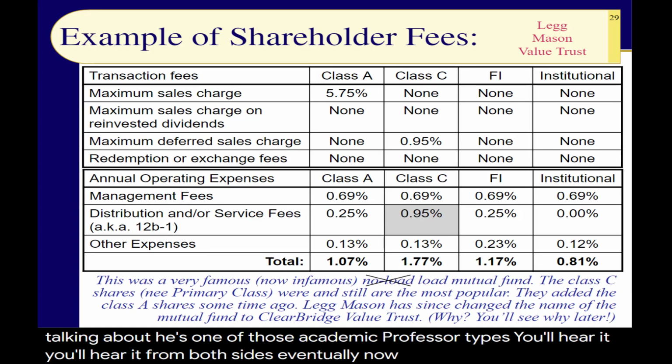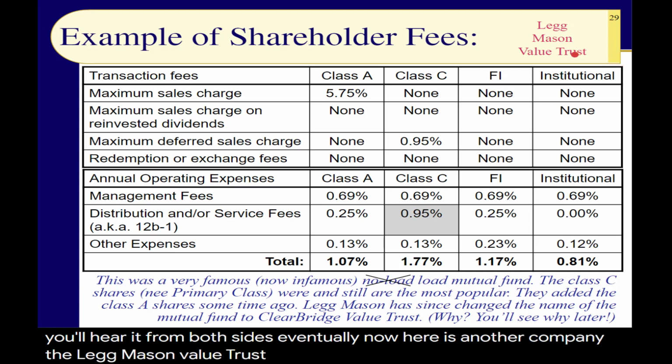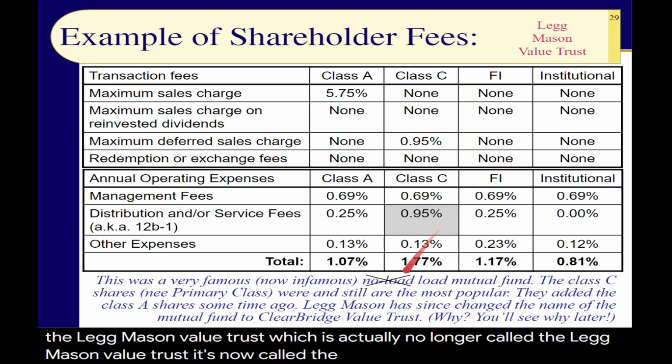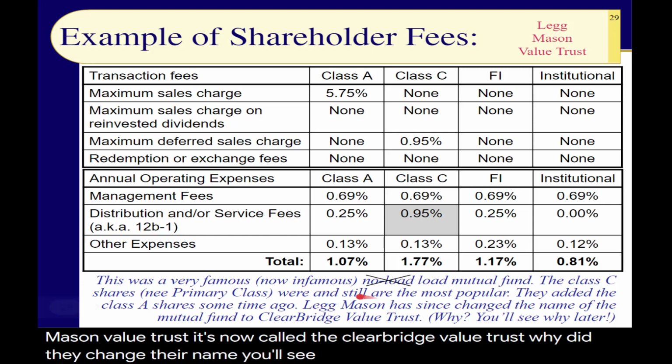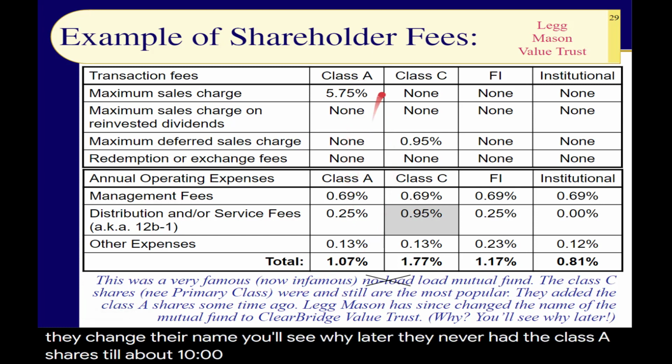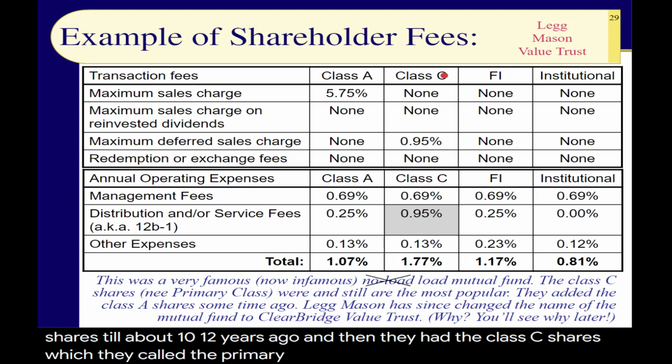Now, here is another company, the Legg Mason Value Trust, which is actually no longer called the Legg Mason Value Trust. It's now called the ClearBridge Value Trust. Why did they change their name? You'll see why later. They never had the Class A shares till about 10, 12 years ago. And then they had the Class C shares, which they called the primary class.